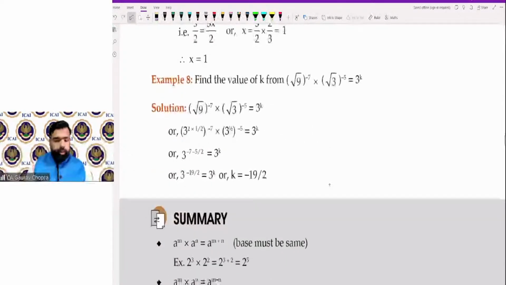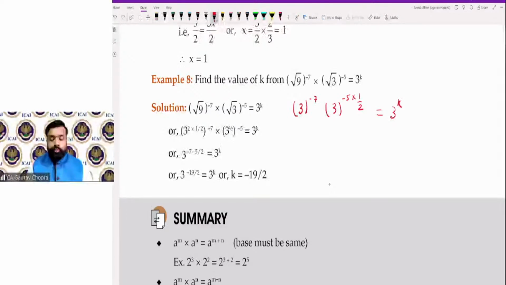Now let's do the next one. Example number 8. Find the value of k from the given equation. So k you have to calculate. So let us simplify this. First of all, 9 has a root. What is the root of 9? It is 3. So 3 to the power of minus 7, then 3 to the power of minus 5, and the root is written as 1 by 2, is equal to 3 to the power of k.